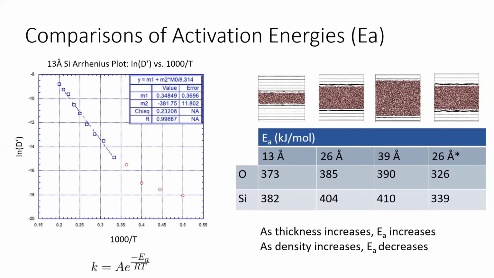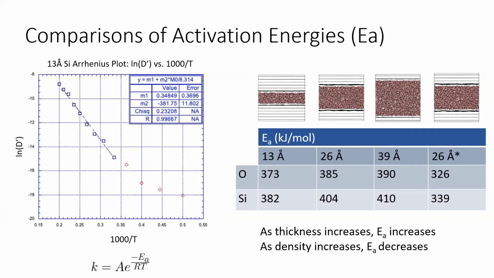In the liquid phase, we see a more linear relationship, which indicates that we are seeing meaningful diffusion here. So we're excluding the points that are within the solid phase, which is below 3000 Kelvin.